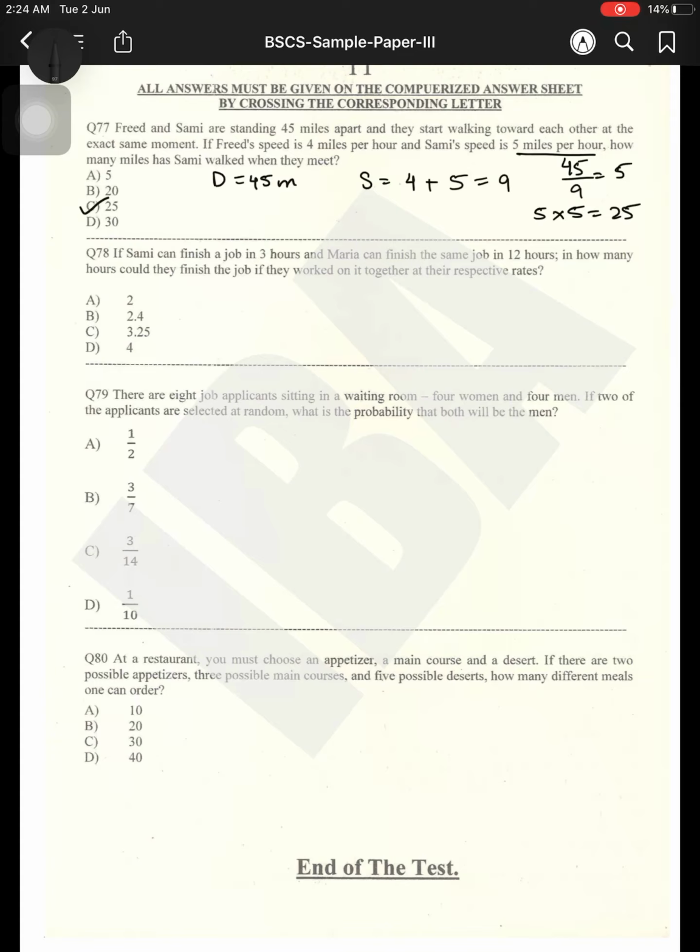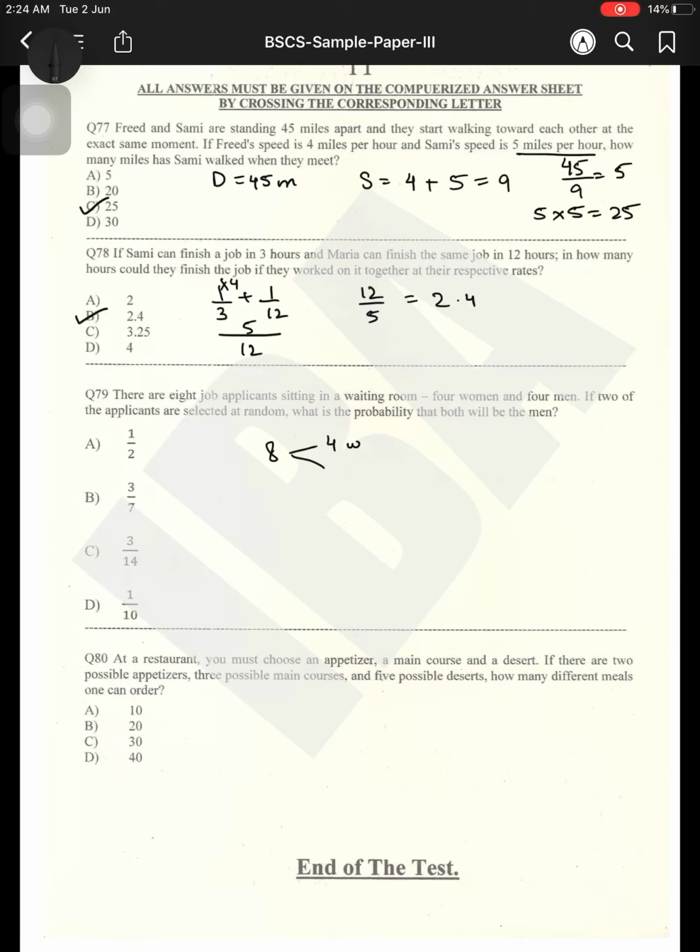So 5 multiplied by 5, which is 25. That is C. In this next question, he says that Sami can work for 3 hours and Mari can work alone 12 hours, and they're doing the same job basically. So how long will it take for them to finish the work if they work together at their respective rates? So 1/3 plus 1/12, 12 upon 5, this should give you 2.4, so it's going to be B.